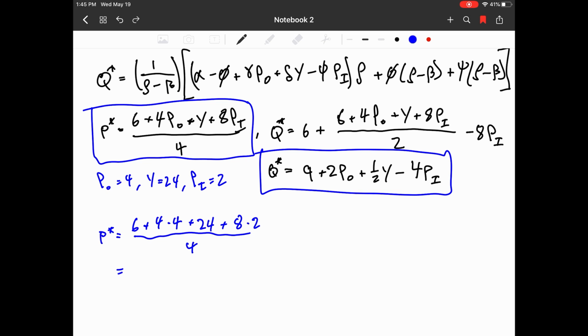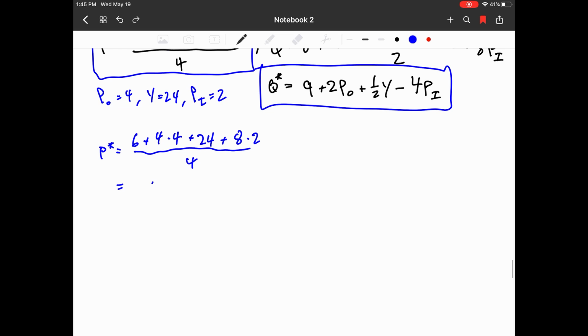And we can go through and simplify this. So we have 6 plus 16 plus 24 is 40, plus 16 again. That's all over 4.